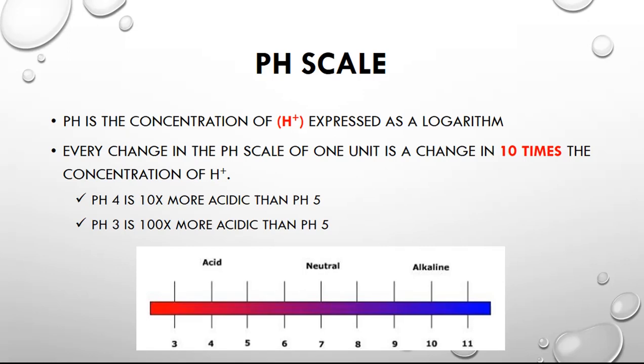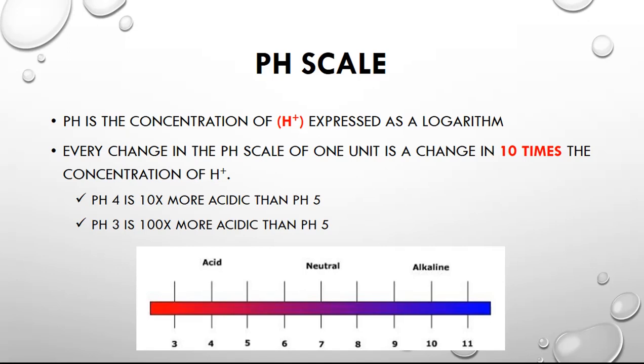So every change in the pH scale of one unit is actually a change of 10 times the concentration of the hydrogen ion. An example: a pH of 4 is 10 times more acidic than a pH of 5.